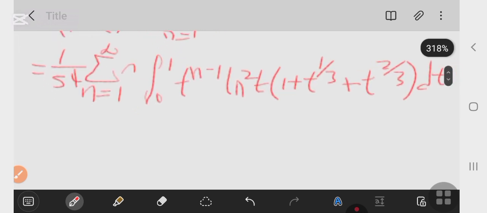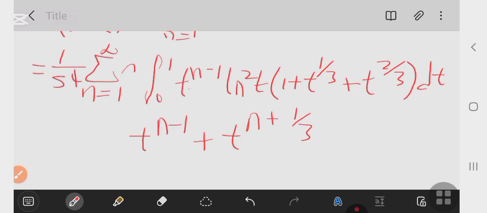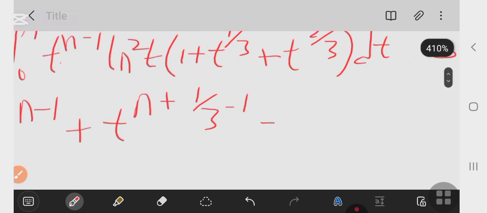Now a similar thing I'm going to apply here. If I expand this, I'll have t to the power of n minus 1 plus t to the power of n plus 1 over 3 minus 1 plus t to the power of n plus 2 over 3 minus 1.